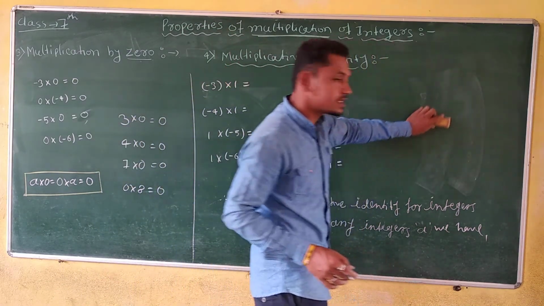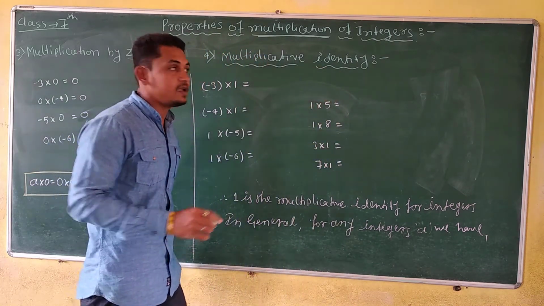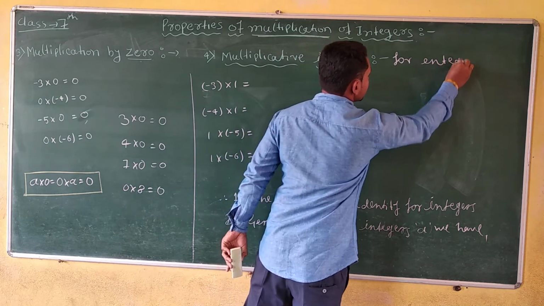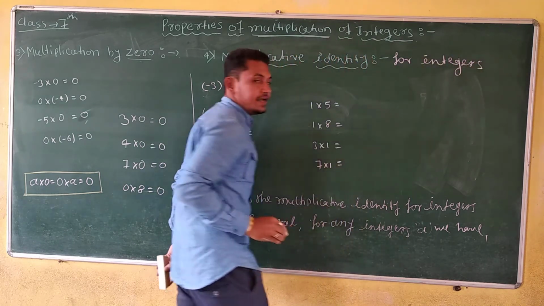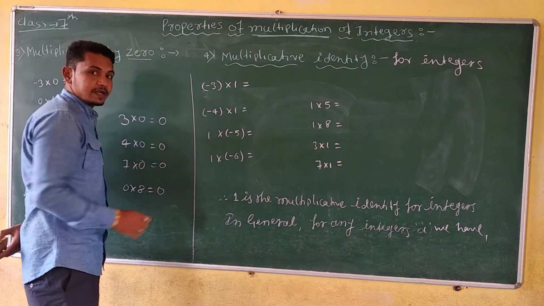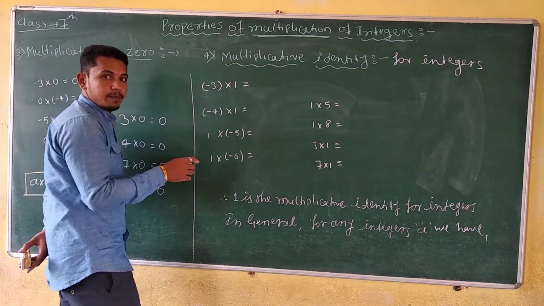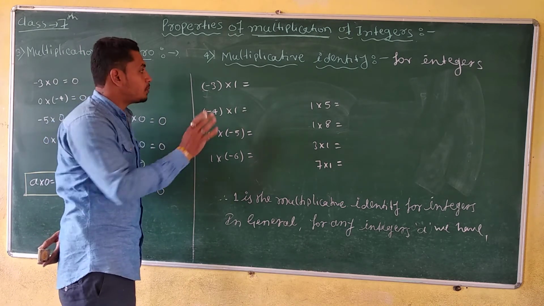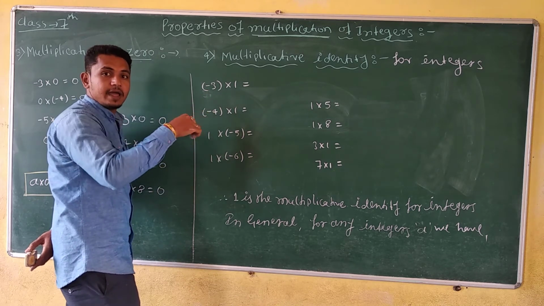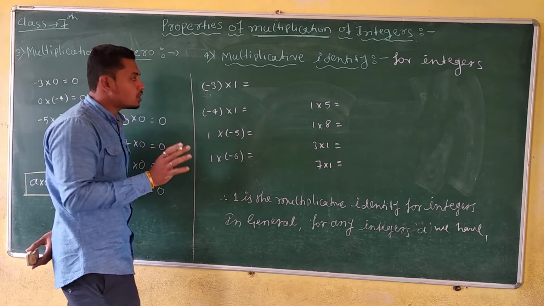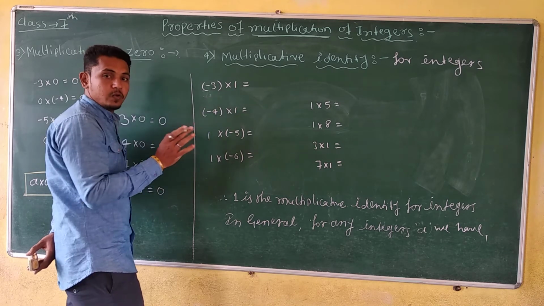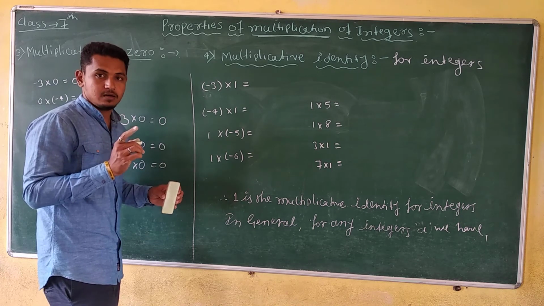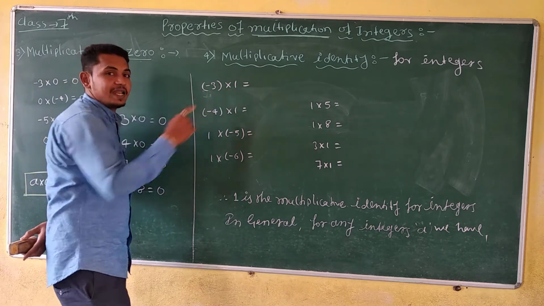So now we have to discuss the multiplicative identity for integers. Now see this pattern. Minus 3 into 1: the product of any integer and 1, which means the multiplication of any integer with 1, always gives an integer.